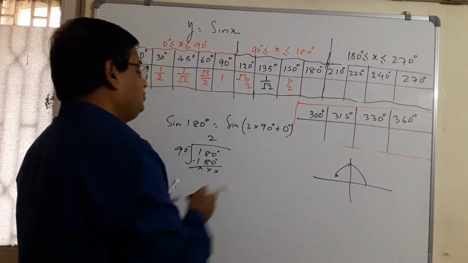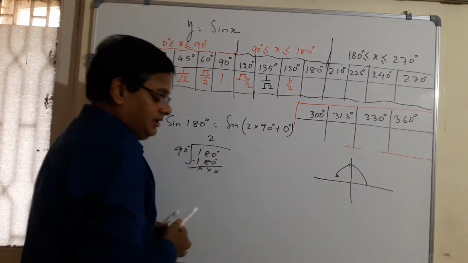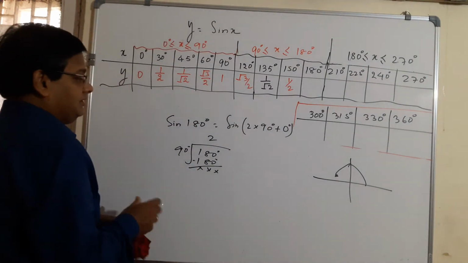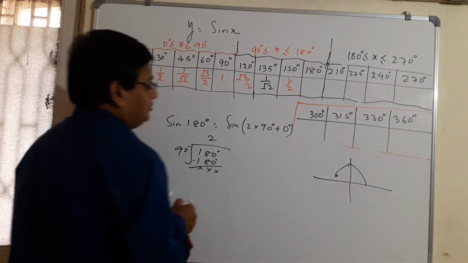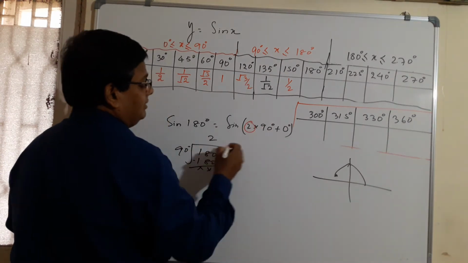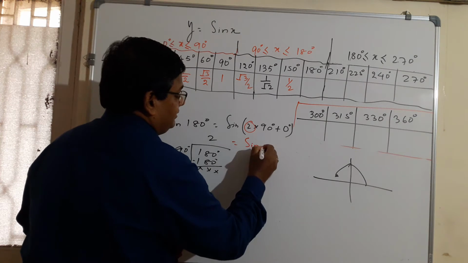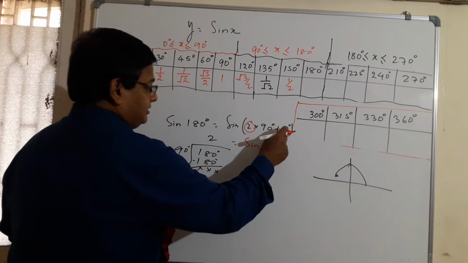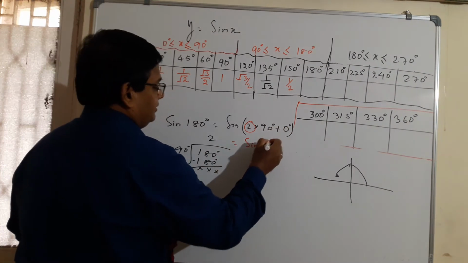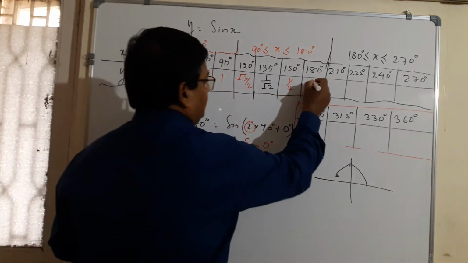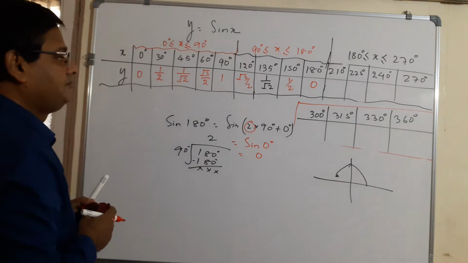Here 2 is an even number, so there will be no change. It will stay in the sine form, so sine theta, where theta is 0 degree. Sine 0 degree is 0, so we write here 0.